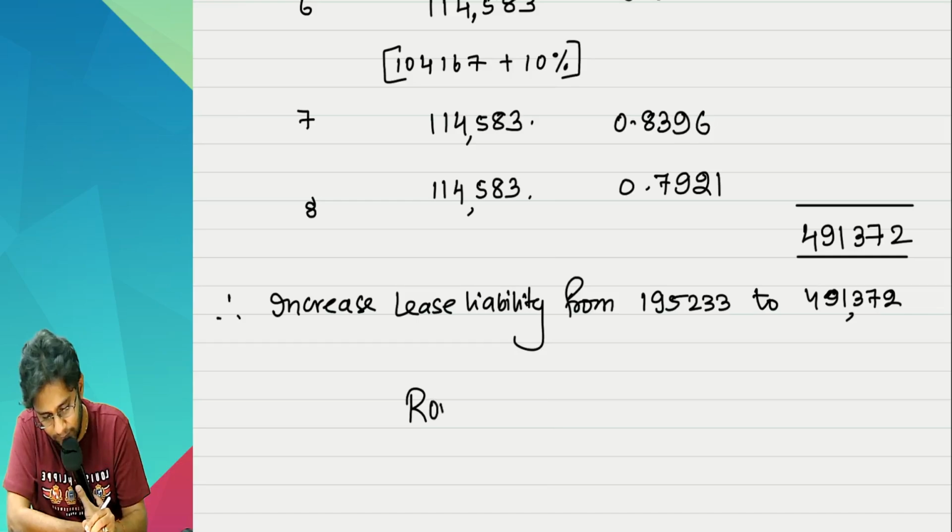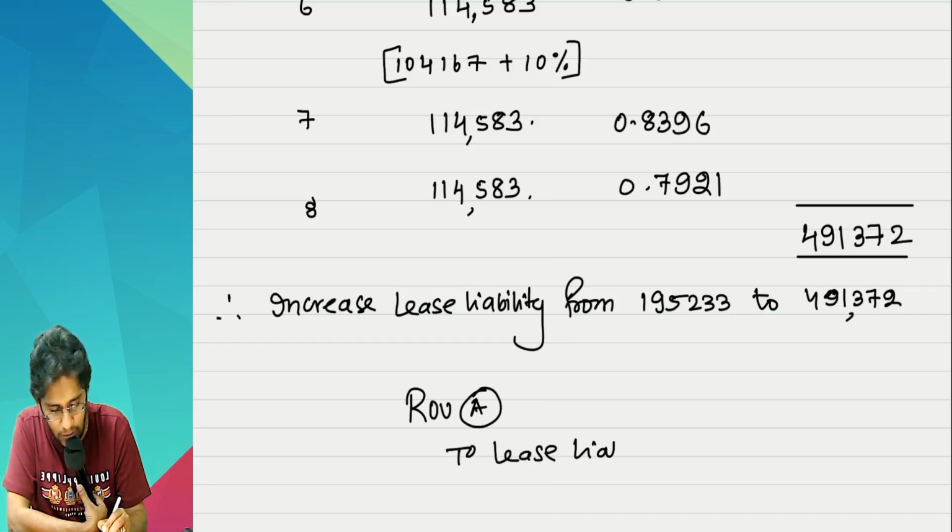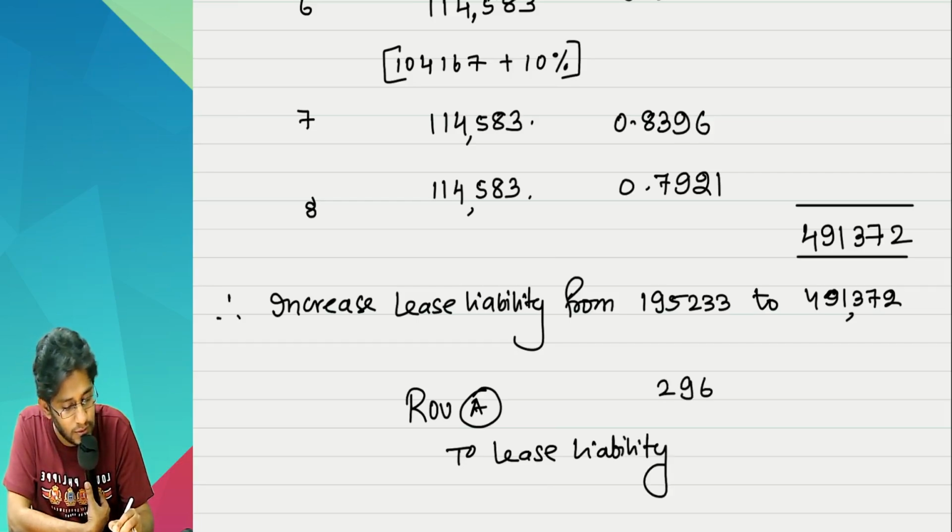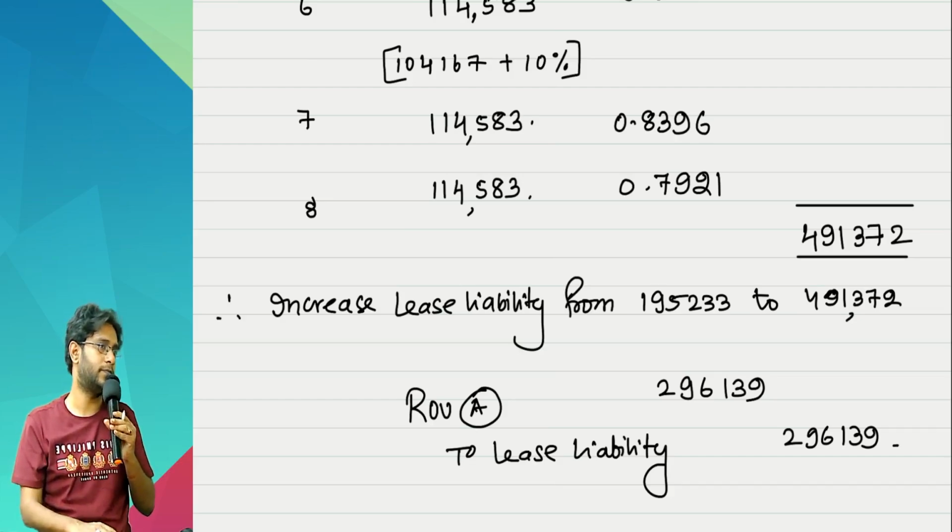Entry, sir: ROU asset account debit to lease liability. What is the difference? 96,000. That's it. Over.